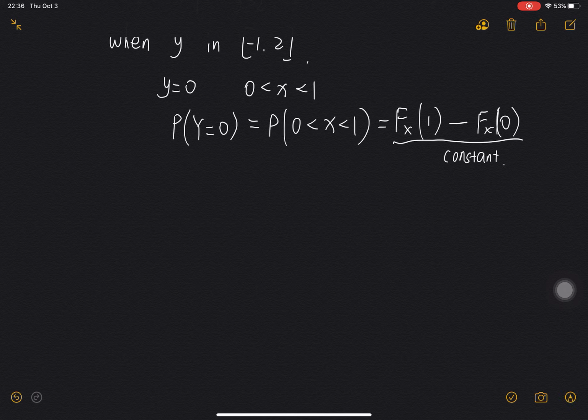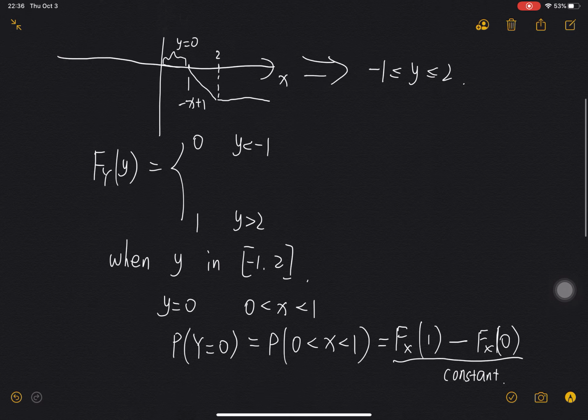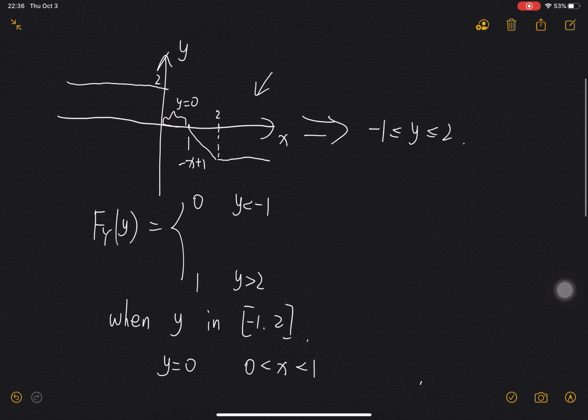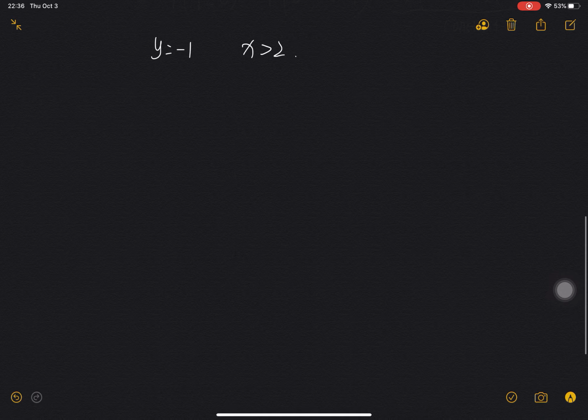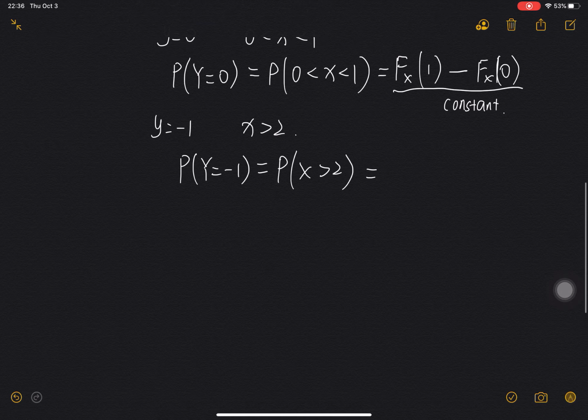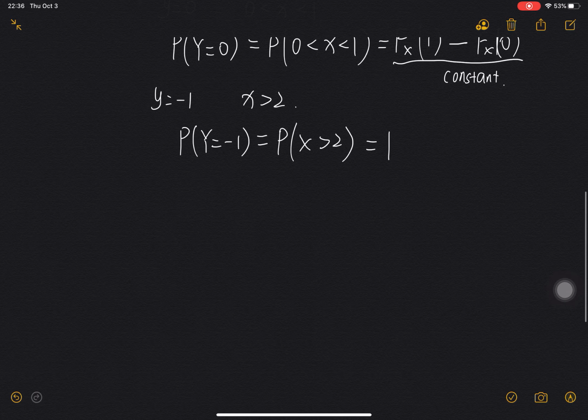Next part, let's talk about when y equals minus 1. X should be larger than 2 also. In this figure, we can know that when y is minus 1, x is larger than 2. Okay. So the probability of y equals minus 1 equals the probability of x larger than 2, which is also with the definition of density function.